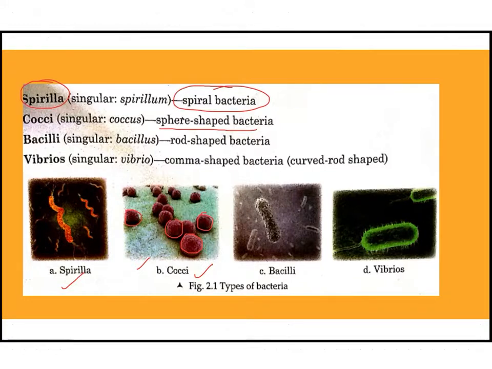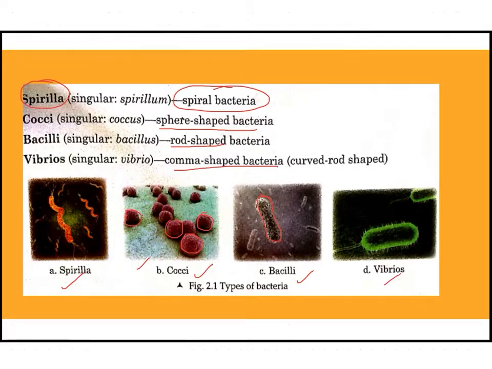Then the third is the bacteria which are rod shaped. As you can see in this picture, they are rod shaped, and rod shaped bacteria are called bacilli. What do we call them, dear students? They're called bacilli. Then there are comma shaped bacteria, which are called vibrios.